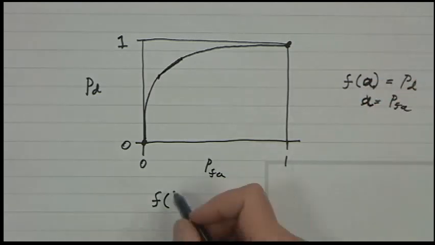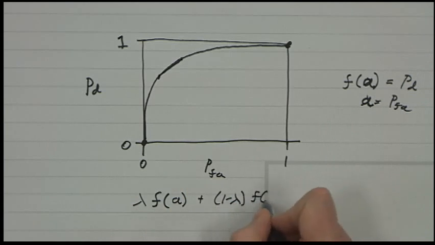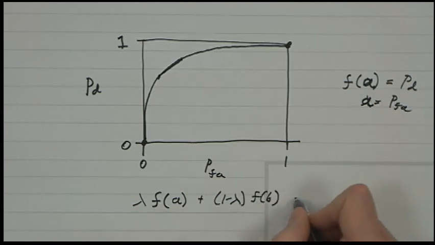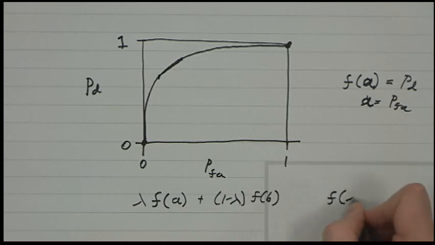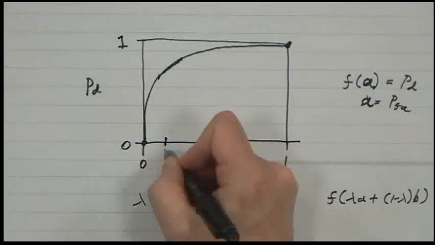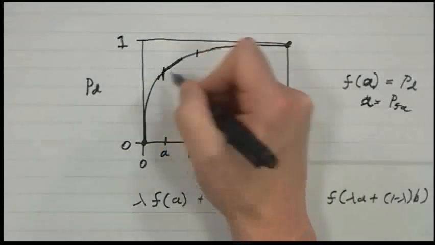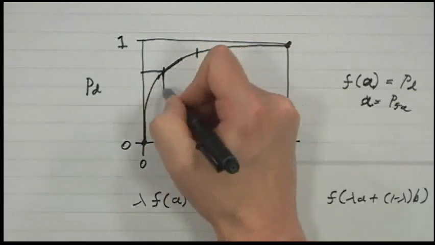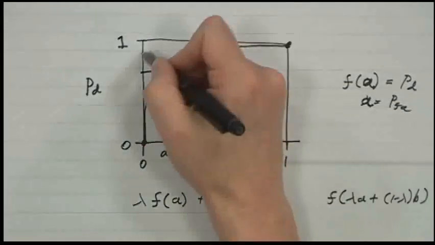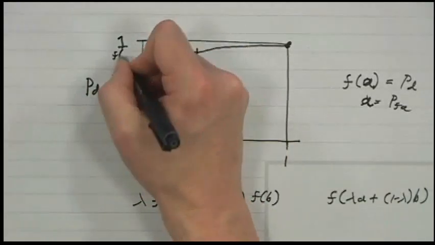Thank you. Okay, so if I take f of A times lambda plus 1 minus lambda times f of B, and then I take f of lambda A plus 1 minus lambda B, okay? So this is A, and this is B. And this is f of A, and this is f of B, right?